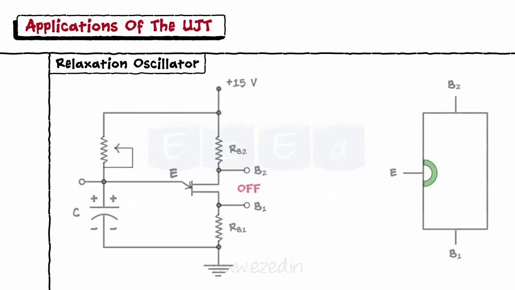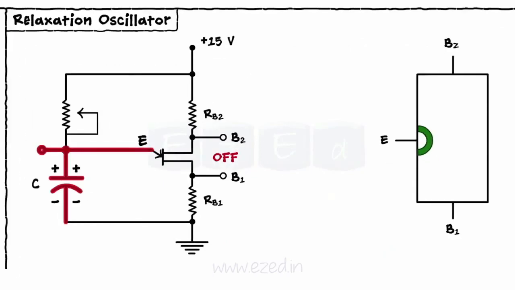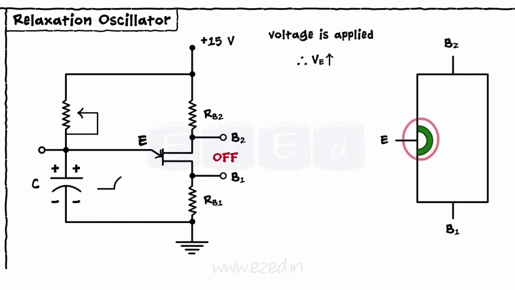Consider the circuit shown where the capacitor is connected to the emitter of the UJT. The capacitor starts charging and simultaneously the emitter voltage rises. Thus, the depletion region starts to shrink. As the capacitor voltage reaches the peak point voltage, the UJT turns on and the depletion region shrinks completely, and the current starts to flow through it.